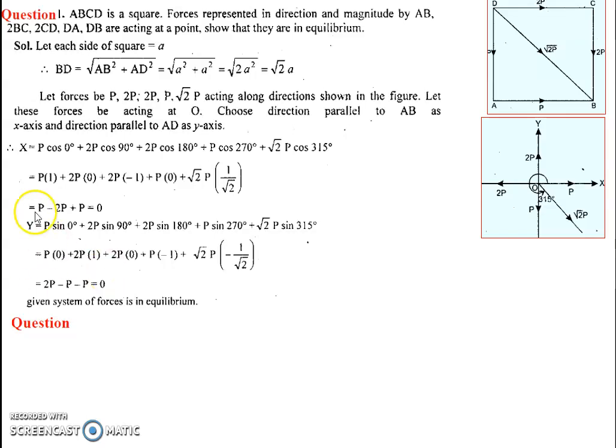So I got 0. So X is equal to 0, Y is equal to 0. That means the forces are in equilibrium.